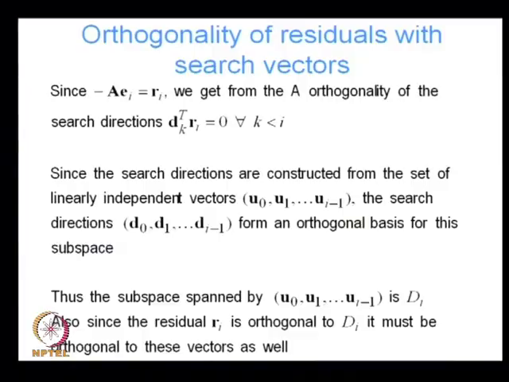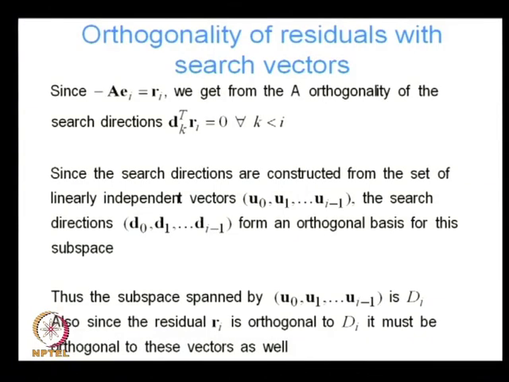What I am saying is that my d_i's I formed from my u_0 through u_(i-1) vectors, right. So the subspace spanned by those mutually independent i vectors u_0, u_1 to u_(i-1) must be identical to the subspace that is spanned by my d vectors, d_0, d_1 through d_(i-1), right.